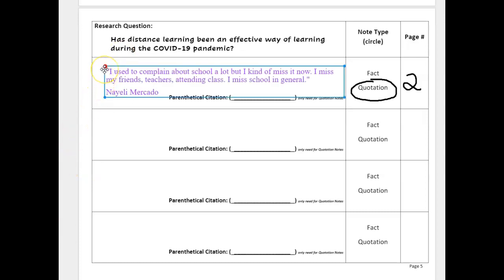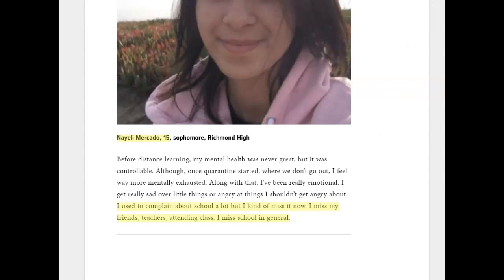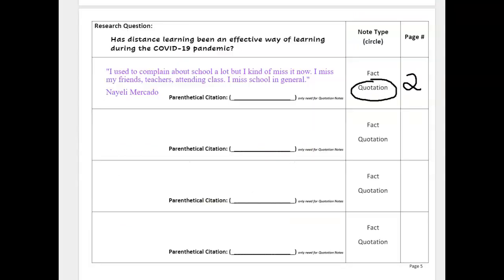All right, so here I have taken the opinion I found in source number 2, and I have copied it word for word into my notes. Again, I only copy word for word if it was an opinion. Once I was done copying it word for word, I put quotation marks around it because that shows that I did not steal these words.